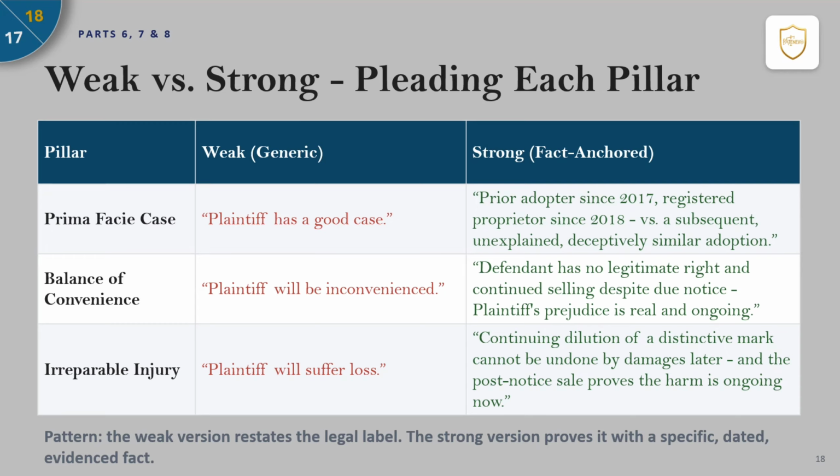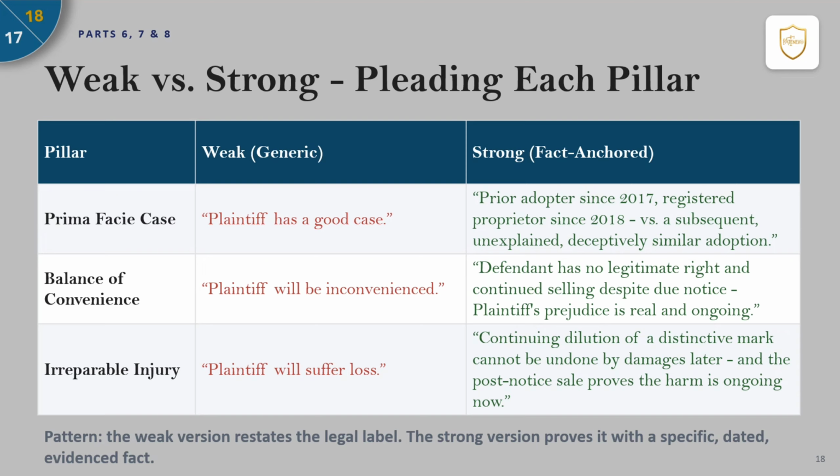Now look at the strong versions. Each one anchors the legal label to a specific, dated, evidenced fact, like prior use since 2017, the post-notice sale, and the ongoing dilution proven by the same sale.